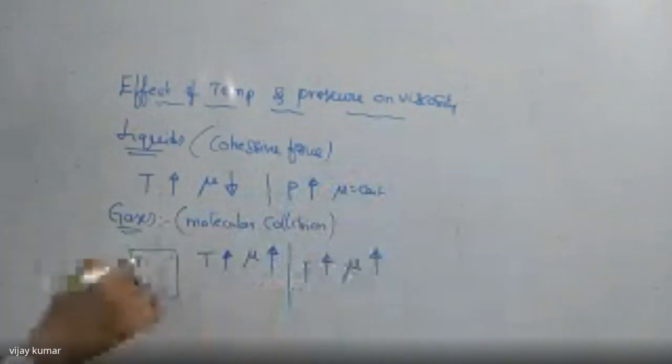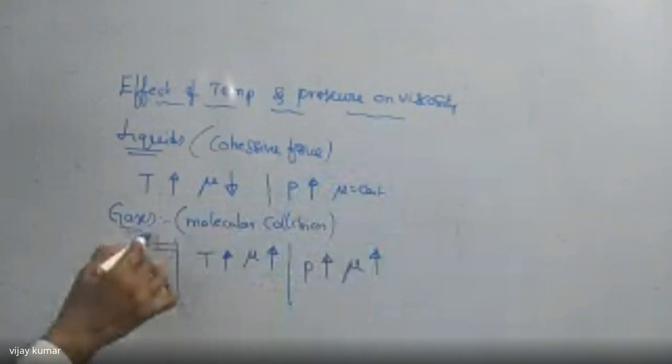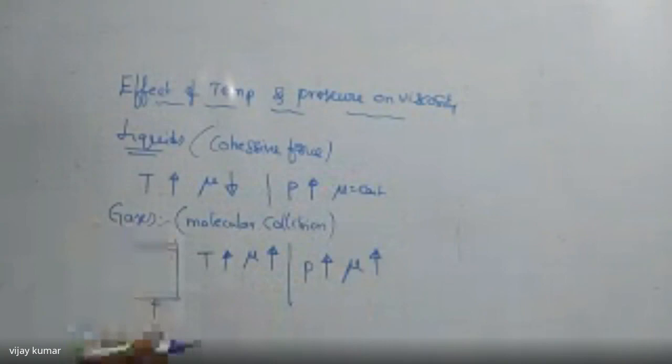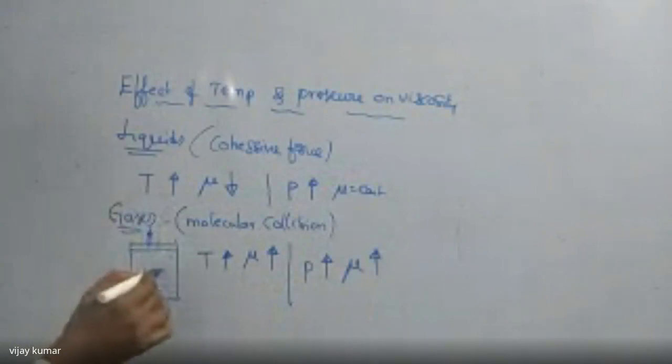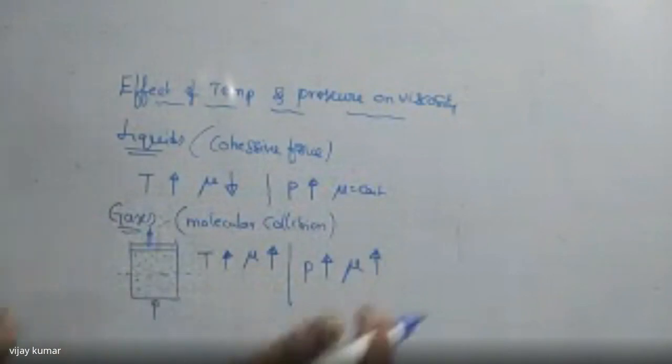Why? Because if you take a vessel fitted with a piston, and it contains some quantity of gas, and you compress it, that means you increase the pressure, all particles come close to each other. After some time, when the piston comes to this position, there is no space to move these particles. All particles are very close to each other and act as solid particles.